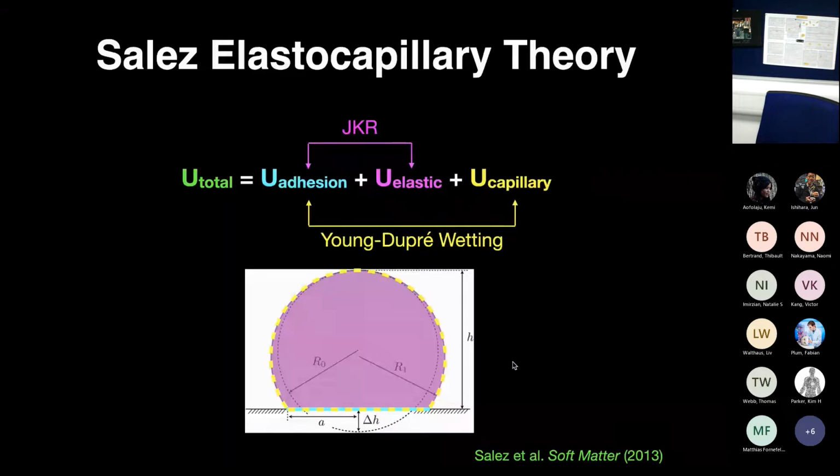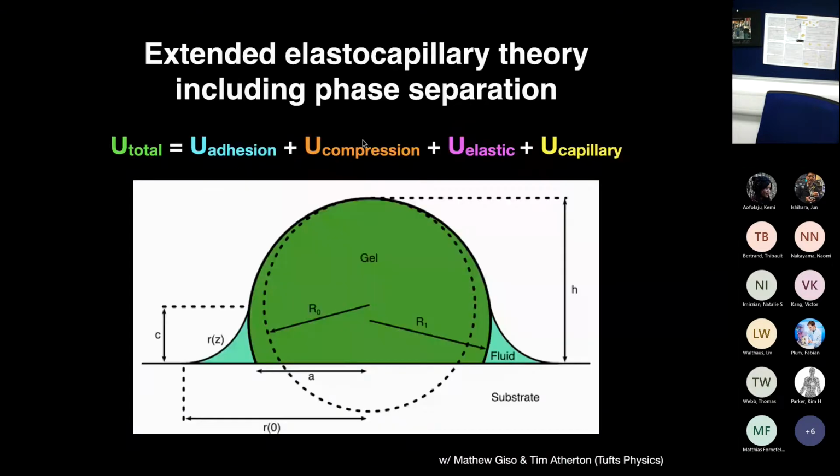And so the idea there was to extend that Salez elastocapillary theory to include the phase separation that we observe at the feet, to include explicitly this sort of solid meniscus that we're observing experimentally and the consequences of that. And so now it includes this adhesion term. Now it's a bit bigger, because with the fluid coming out, you're able to establish a larger area of contact.